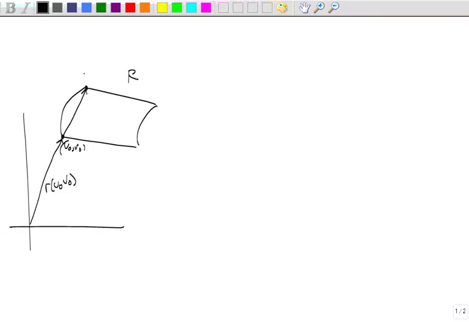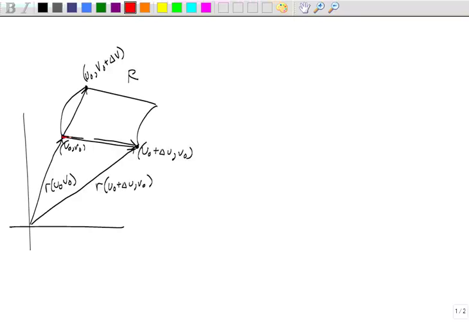We're going to let that be the point (u0, v0 plus delta v). And we're going to let this point be (u0 plus delta u, v0). So this is the vector r(u0 plus delta u, v0).